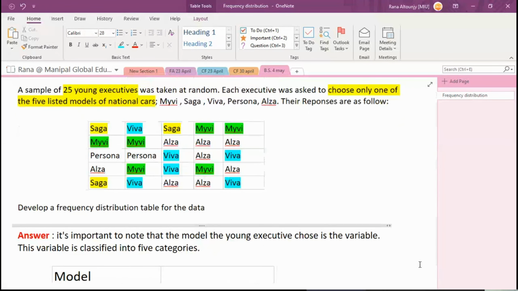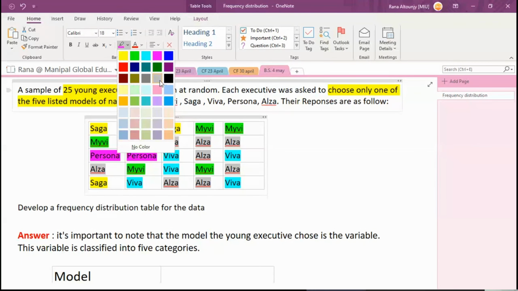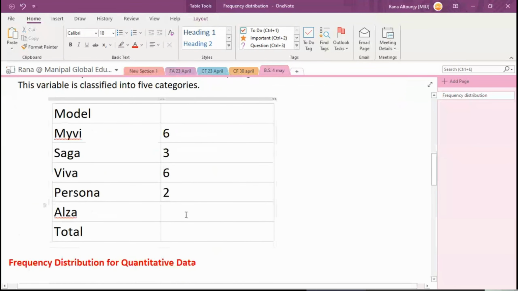How many times? 1 and 2. Yes, only 2 times. We put Persona 2. Alza? How many times? We have 1, 2, 3, 4, 5, 6, 7, and 8. Yes, Alza 8 times. How much should the total be?